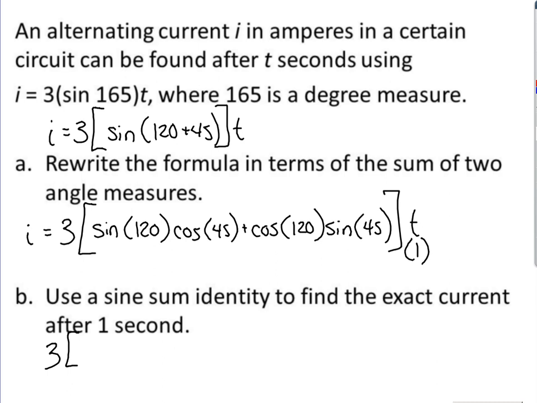Remember, sine is the y-coordinate. The cosine of 45 degrees, the x-coordinate, is radical 2 over 2. The cosine, or the x-coordinate, of 120 degrees is negative 1/2. And the sine, or the y-coordinate, of 45 degrees is radical 2 over 2.